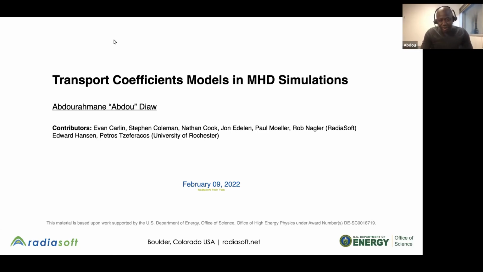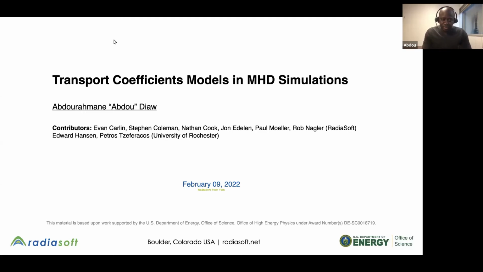What I want to convince you of by the end of this talk is the importance of transport coefficient models in MHD simulations, and especially for our application here, which is waveguides. So what we want is to develop accurate fluid tools that can be predictive in modeling the dynamics of capillary-filled waveguides.